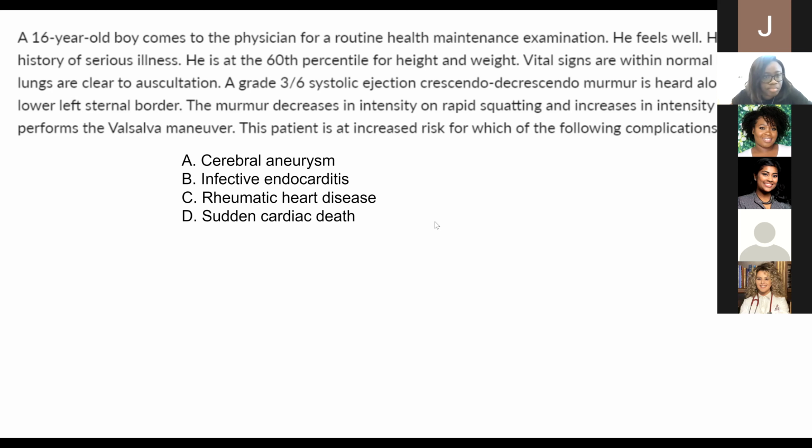Give me one second. I have it somewhere on my iPad. Where is it? Mom, I'm in presentation.